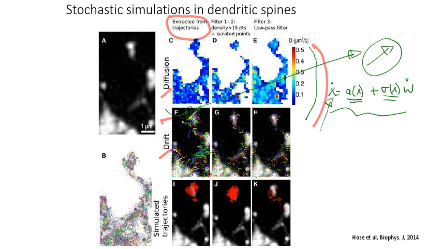But for this, I need to have the information. So if I have a grid, then I need to be able to have this at each element of the grid.